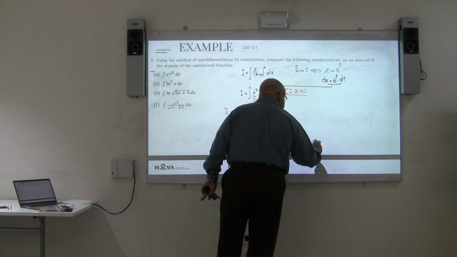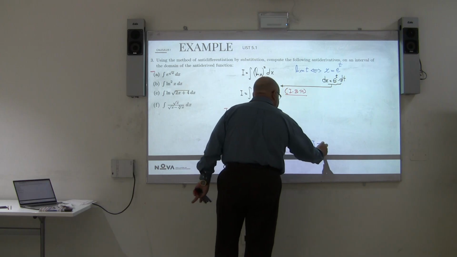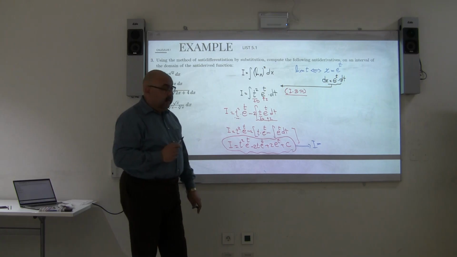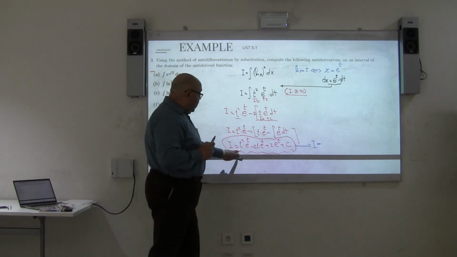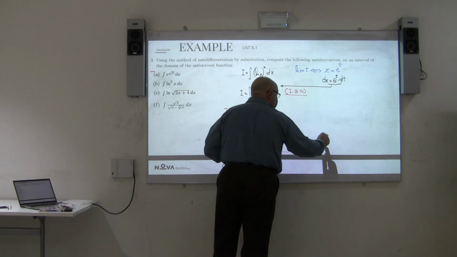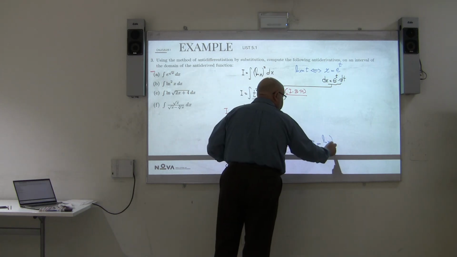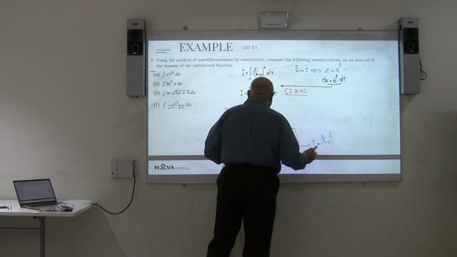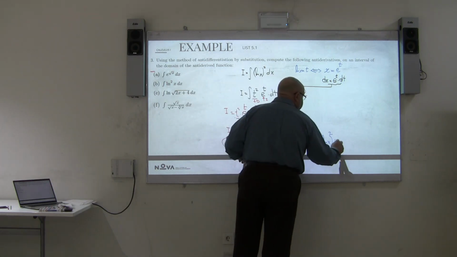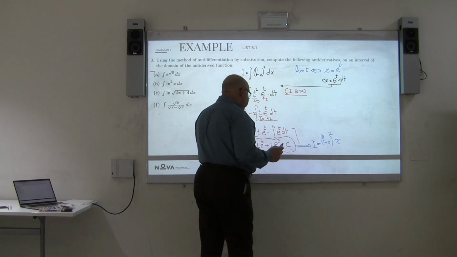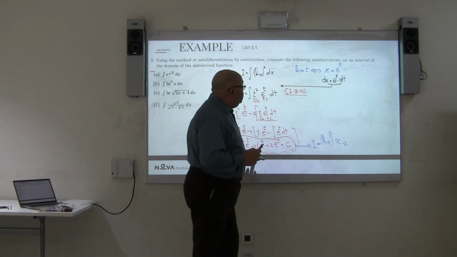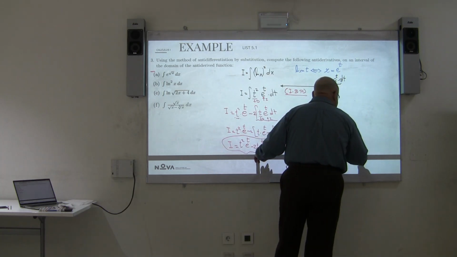So if I want to make a change of variable to get back to the original variables, I will change t with ln of x. So it's going to come up to ln of x to the power of 2. Then I will have e to the power of t, which is simply x. Then minus 2, I will replace t by ln of x, as you can see.